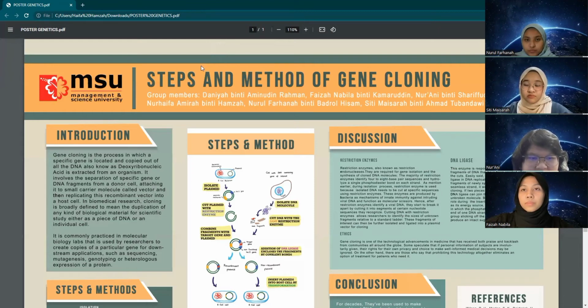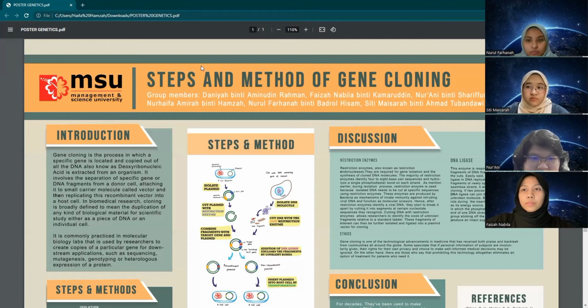It involves the separation of specific genes or DNA fragments from a donor cell, attaching it to a small carrier molecule called a vector, and then replicating this recombinant vector in a host cell.